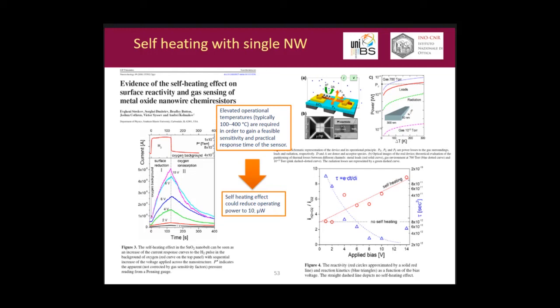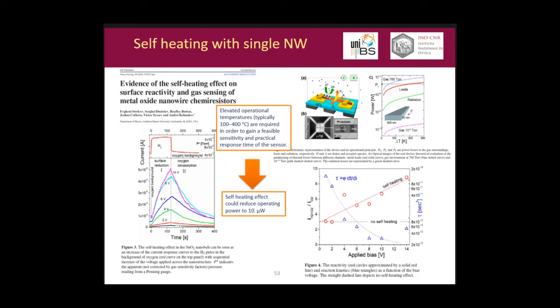It has been demonstrated that this type of self-heating is high enough to heat up the material. For example, work by Kolmakov demonstrated that if you go from 1 volt to 10 volt, you will have an increase in the sensor response, and the increase is the same that you would have if you heat it.